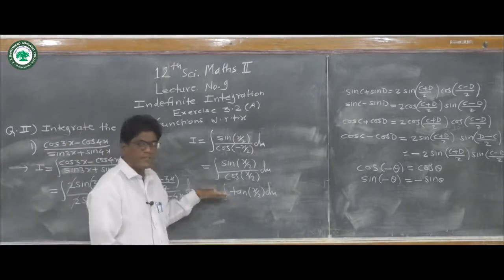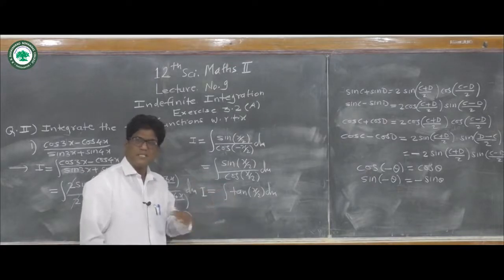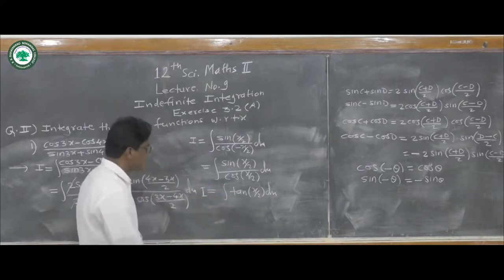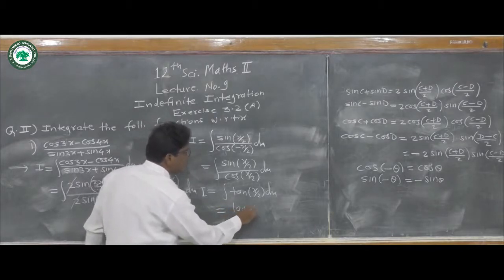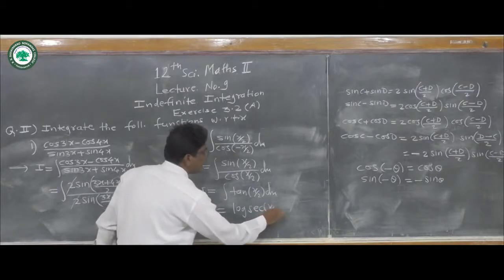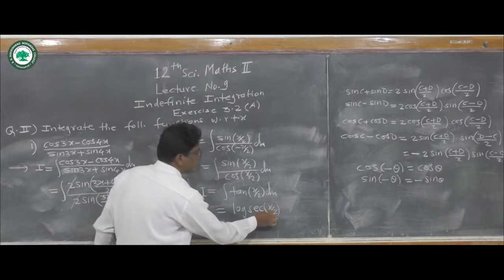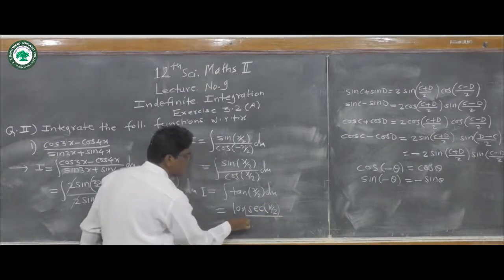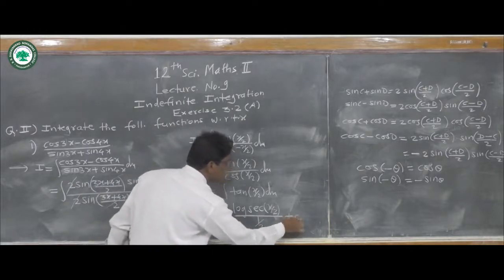We have proved that the integration of tan x dx is equal to log of sec x. Here, in place of x there is x by 2, so take its derivative, which is 1/2, and divide by 1/2, plus the constant of integration.